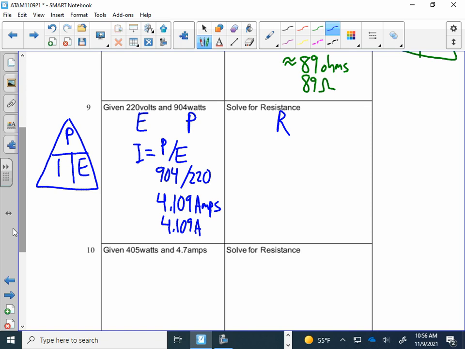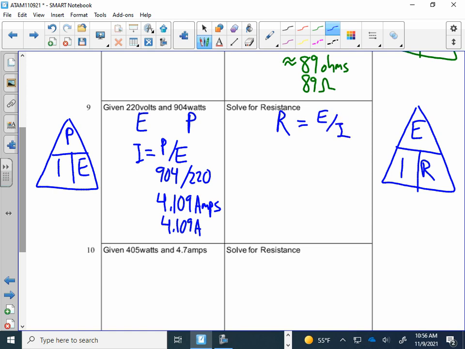Now I can come back over to R. What's the triangle that has R in it? The only triangle you have with R in it is the EIR triangle. So R would equal E divided by I. All right, I had E all the time, 220, and now I have I because I calculated it, so I'll put in 4.109, and I can divide those. 53.54, so rounds to 54.